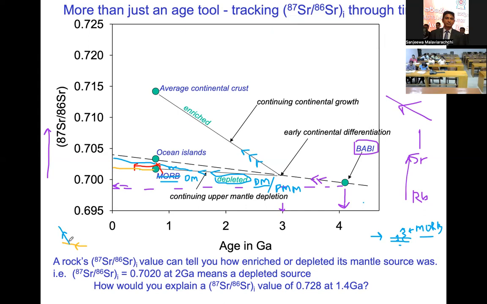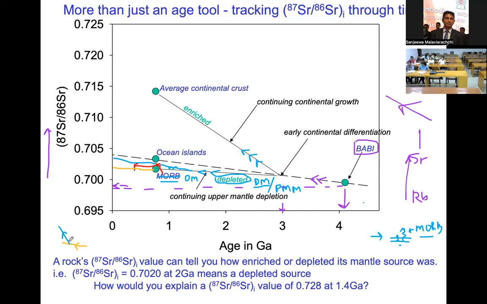Okay, right. So this is how the reservoirs in the earth evolve when these highly incompatible elements like rubidium go into the melt. So this happens for highly incompatible elements.